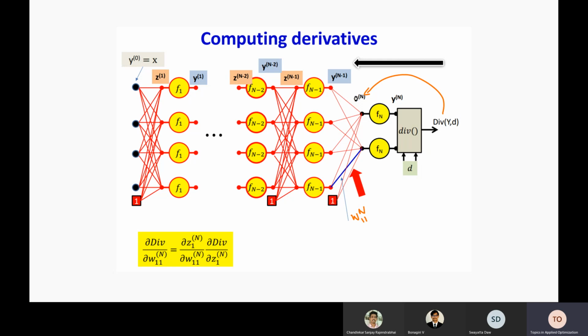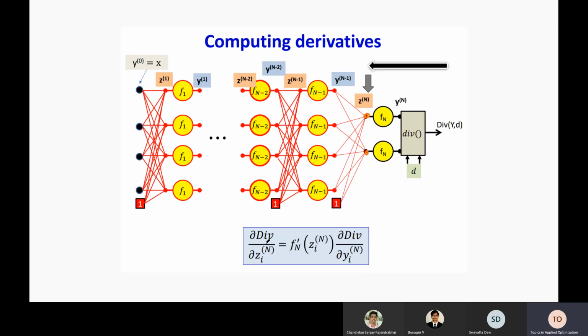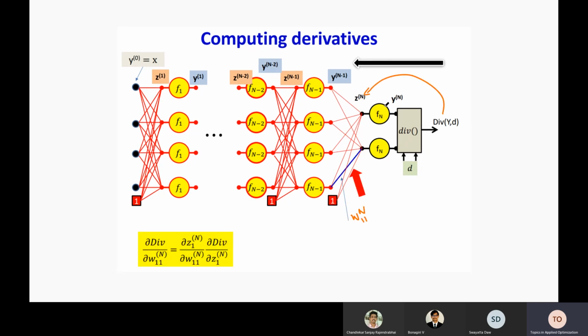That's what we showed in the previous slide. I know how to come here, although I know that I do it in two steps, but I will forget those intermediate steps for the moment. I know that I can get the derivative of the loss with respect to z, and then z is a function of the weights, or in particular, if we focus on this blue weight.